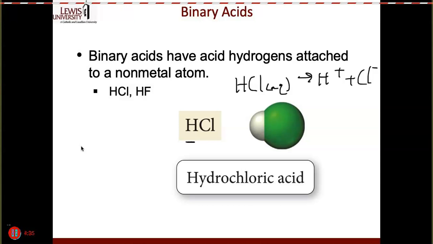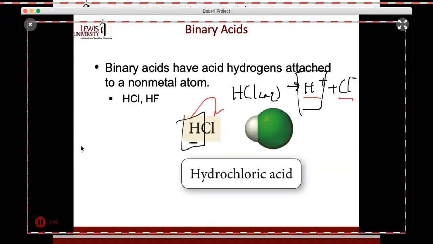So what really happens here is that one electron the hydrogen has, it's going to donate to chlorine, and that's going to make chloride, Cl minus, and leave us with proton, H plus. So whenever we have an acid, the acidic proton is the proton that dissociates, right? It's the first proton written in an acid. That's what we mean when we say acidic proton.